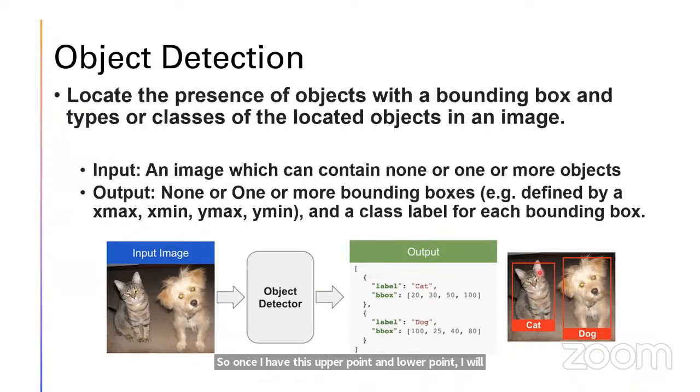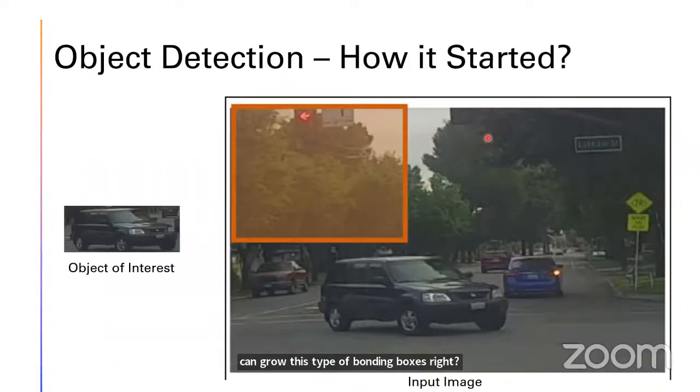So my input will be this and my output will look like this. And by using this output on my input image, I can draw these types of bounding boxes, right? So this is object detection in brief.